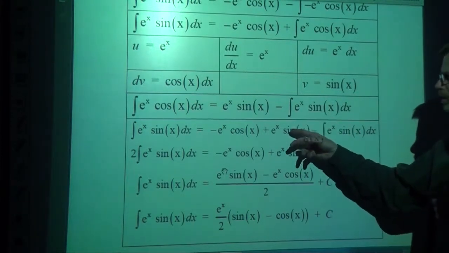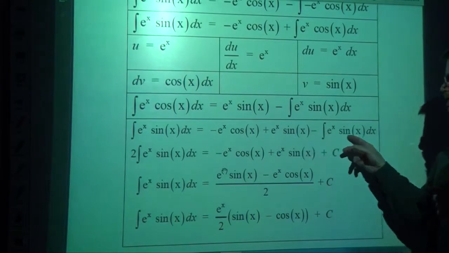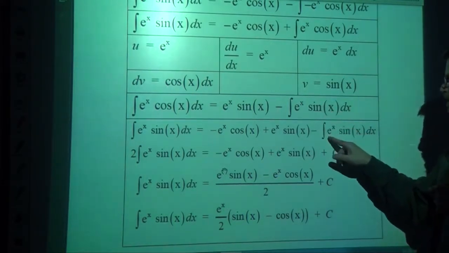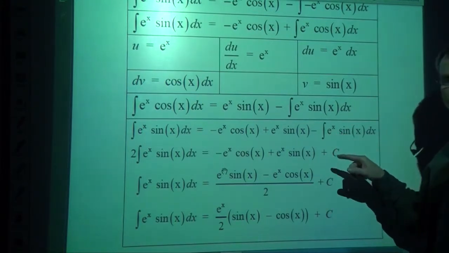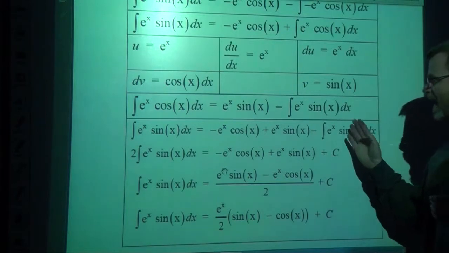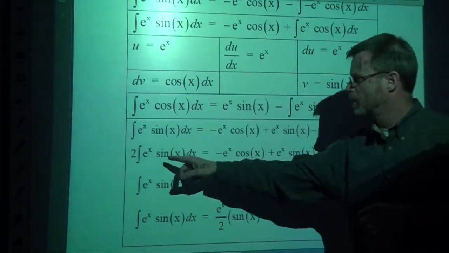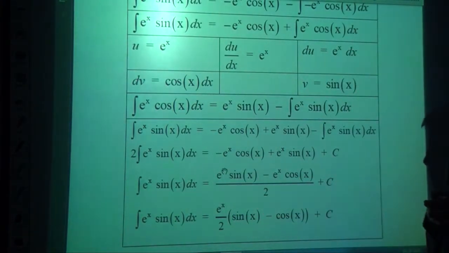And reapplying the technique was going to get us to here. But it's the same thing as you did in the example, that after you apply this the second time, what is to be integrated ends up being the question. So if you add it to both sides, you're subtracting it here, so you add it to both sides. You have 2 times the question equals the right side.